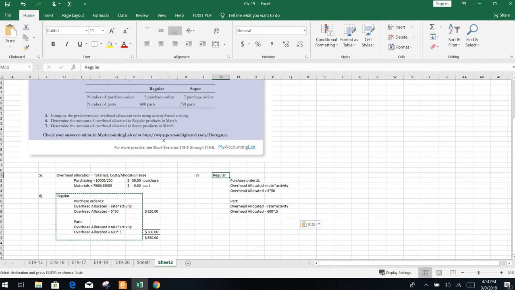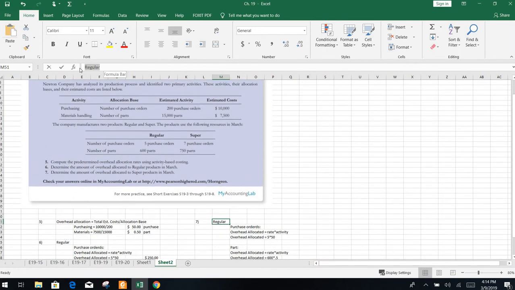This is for super, and the rate for the overhead doesn't change. So how many purchase orders did super do? They did, instead of 5, they did 7. So let's change that.